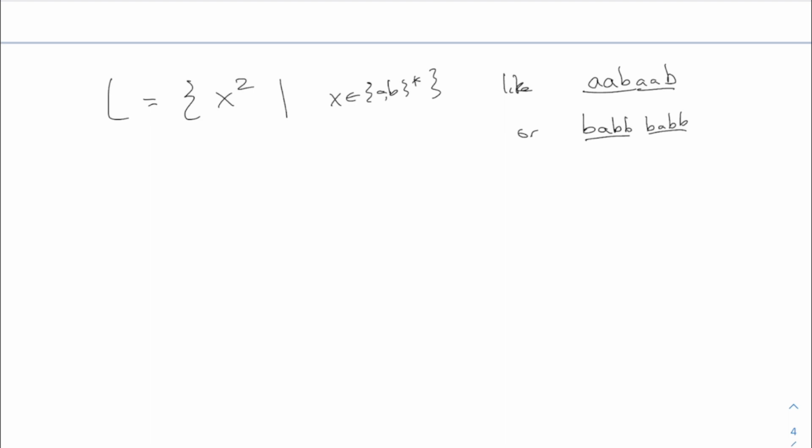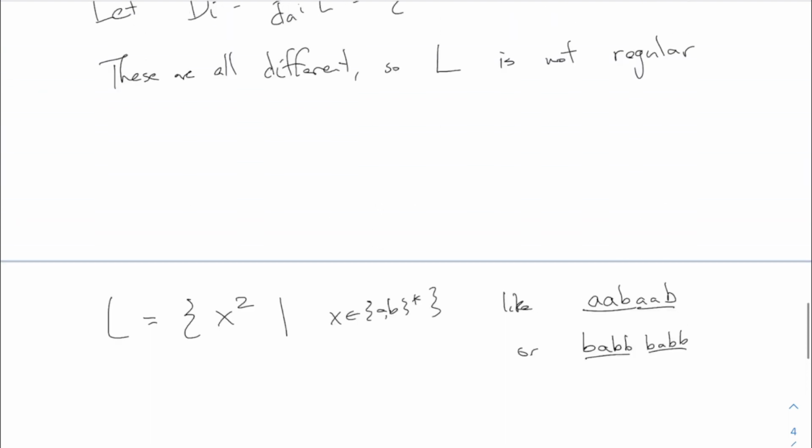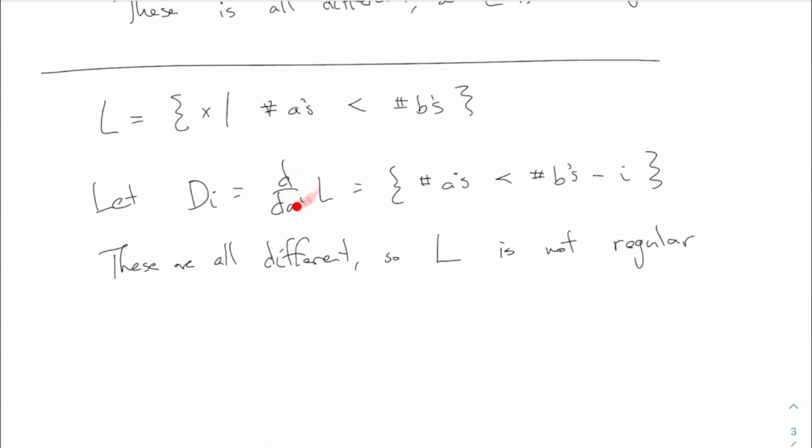What can we do here to take the derivative? Again, the format of the strings does not suggest at all what they start with. And so in that situation, usually you just want to only consider the ones that start with A's. I used A. There's nothing special about A here.